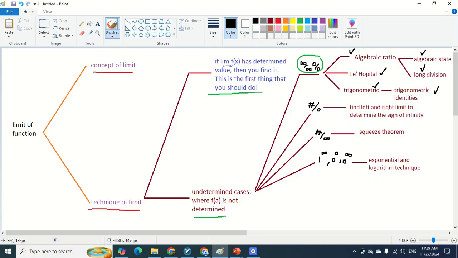In the next lecture, we will discuss the case where we have infinity over 0, or a number over 0, or a number over infinity, and also infinity over infinity, and we will solve some cases of infinity over infinity and the remaining parts in the next lecture.